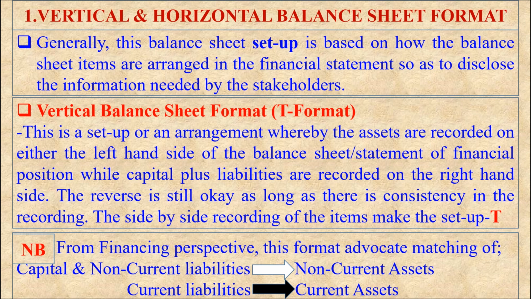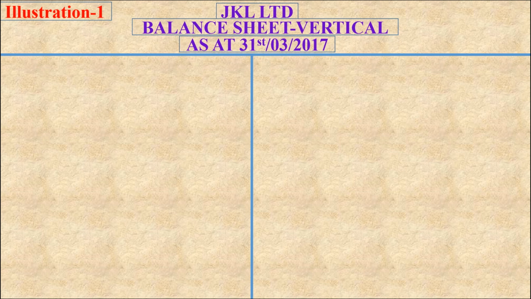So let's look at an illustration using a T format, whereby in our illustration 1, we are considering the JKL Limited balance sheet information, which was provided as at 31st March 2017. Now, in this presentation, I'll first start with the right-hand side information, which will be portraying the long-term sources of finance which are assumed to be used to finance the non-current assets.